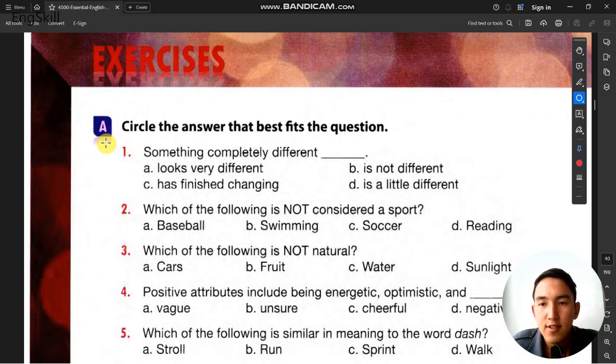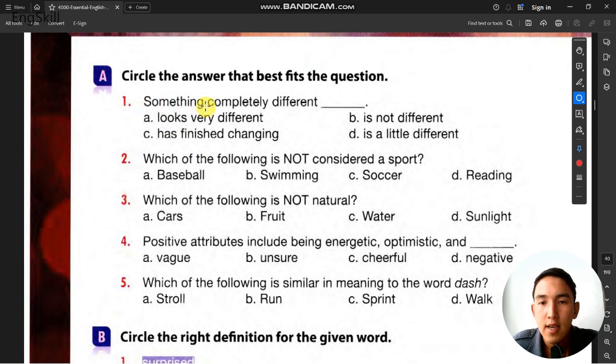This is exercise A. Circle the answer that best fits the question. We have 4 choices for each question. The first question: something completely different looks very different, has finished changing, is not different, is a little different.